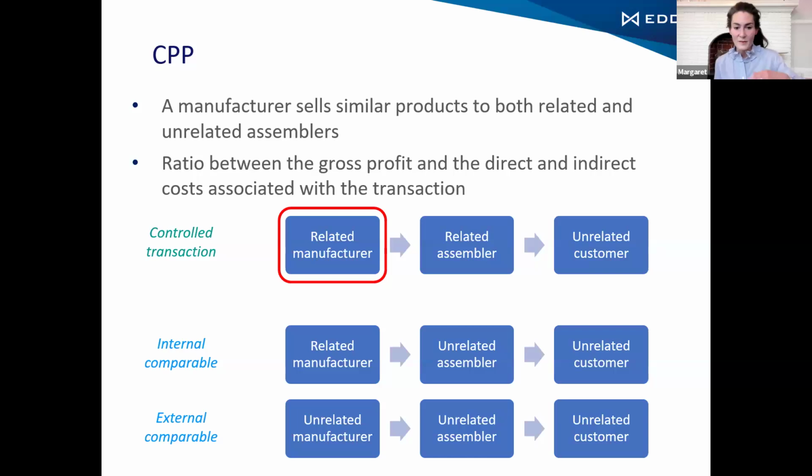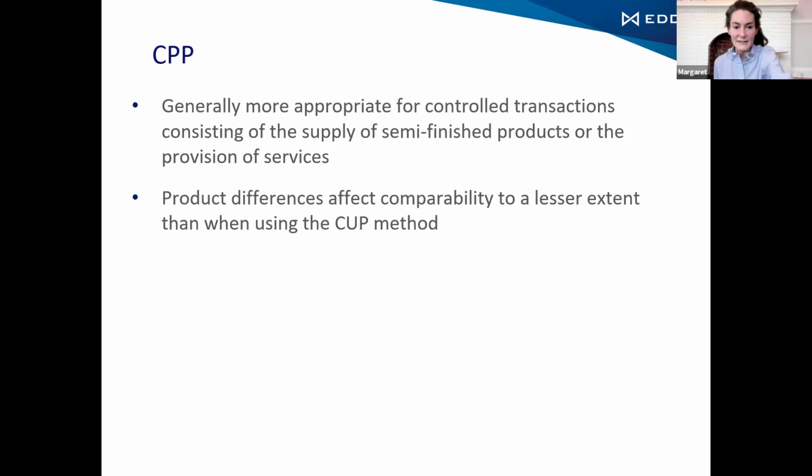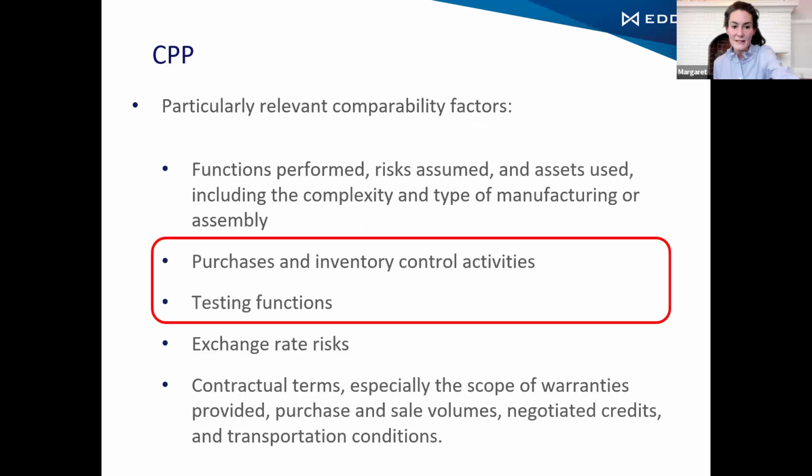Always going to be more reliable. And the same with the comparability requirements, the comparability of the product, a little bit lower threshold than what you see for a CUP analysis.